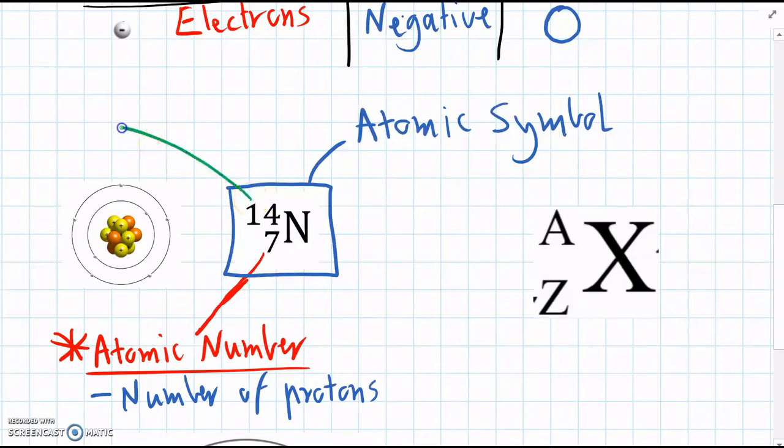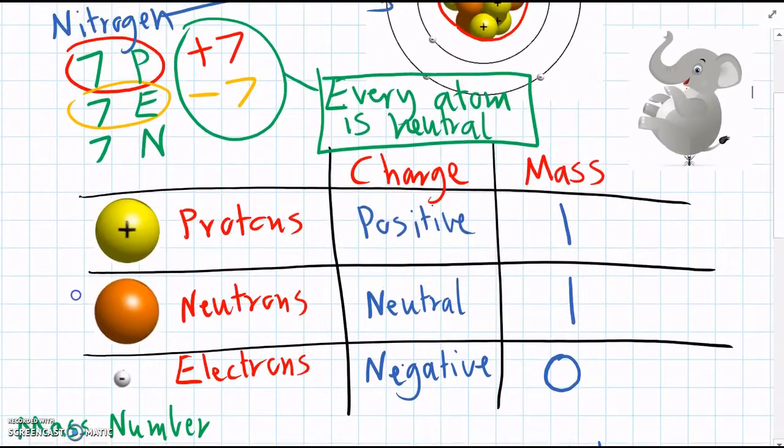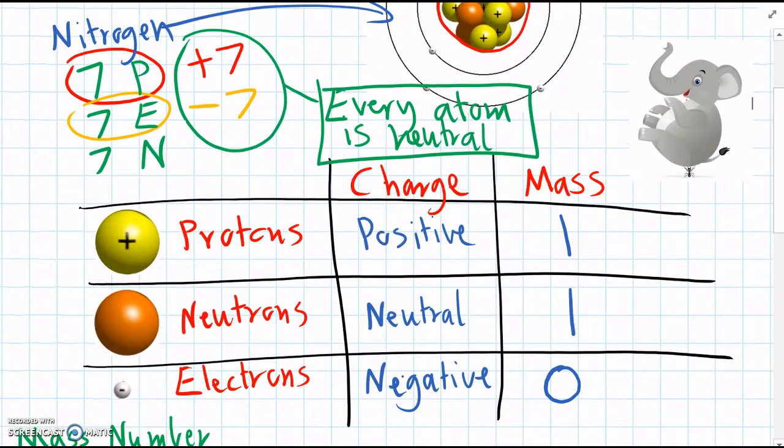Next, at the top left, this is called the mass number. And this is talking about how much each atom of nitrogen weighs, using our basic masses that we talked about. So for nitrogen, there are 7 protons, and each proton has a mass of 1, and 7 neutrons as well, and each neutron has a mass of 1 as well.